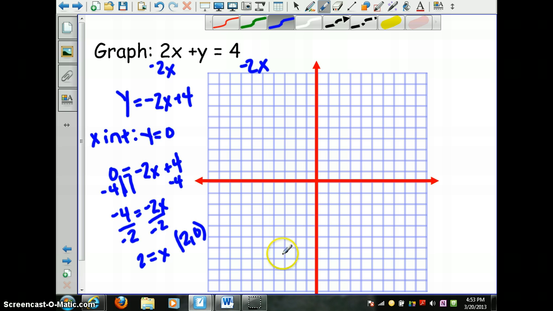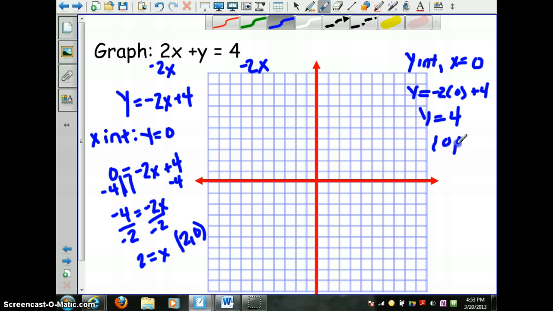And our y-intercept then, I'm going to put it over here. Our y-intercept is when x equals 0. So then we have y equals a negative 2 times 0 plus 4. So we have y equals 4. And our point is 0, comma 4.